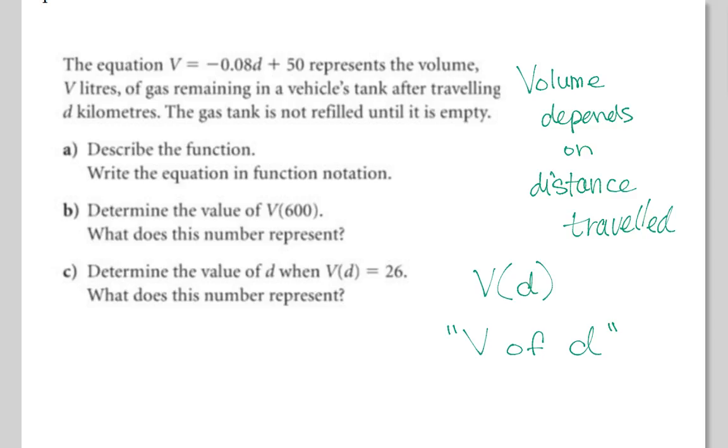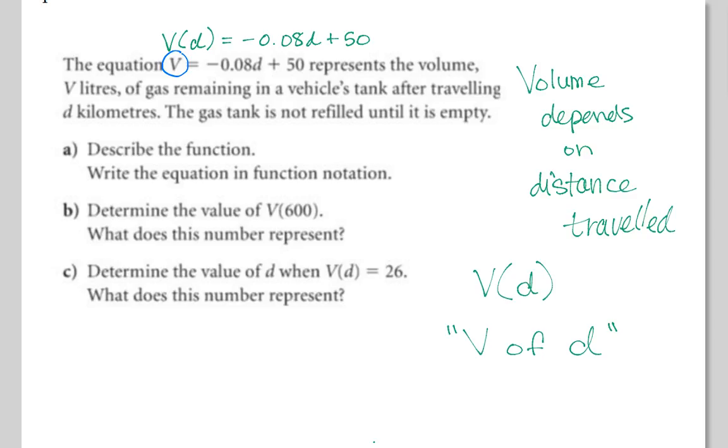And they give us an equation for that. Now, they didn't write it as perfect as I'd like, but that's okay. You can just write it like this. It's the exact same thing. V of d is negative 0.08 d plus 50. And just so you remember, I'll switch colors here.